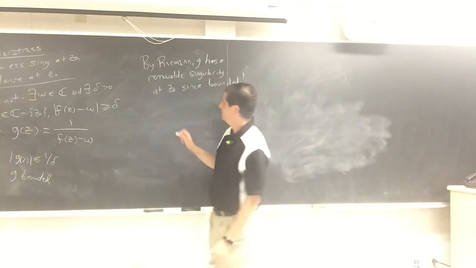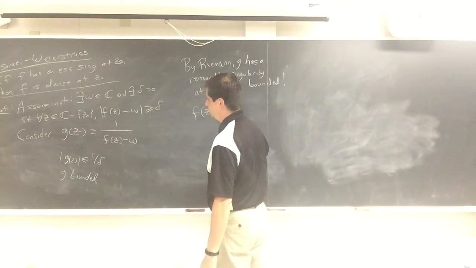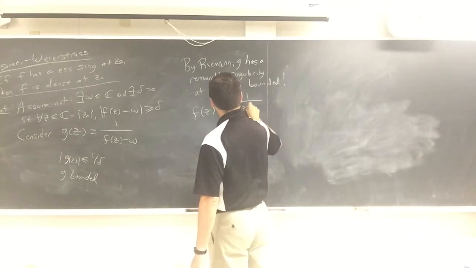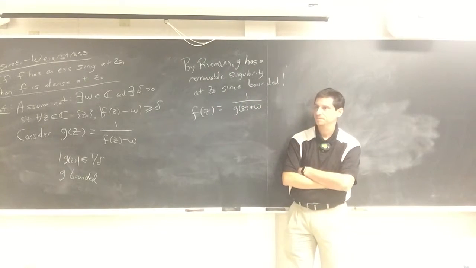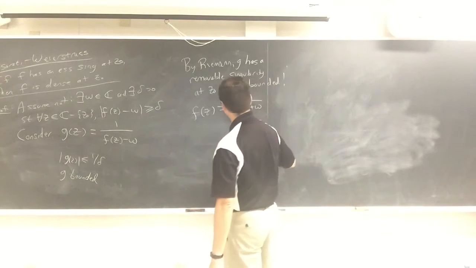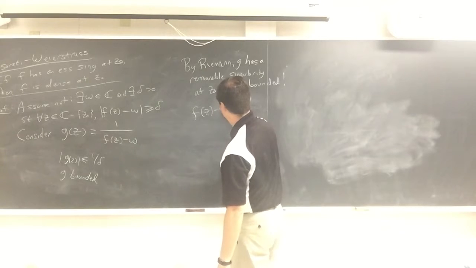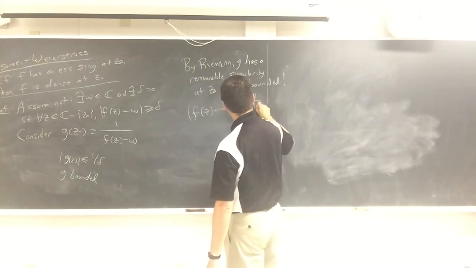So what we would like to then say is consider now f of z is going to be 1 over g of z plus w. I'd love to use this now as my definition of f by just, oh, did I do it wrong? I think I did it wrong. It would be f of z minus w equals 1 over g of z.